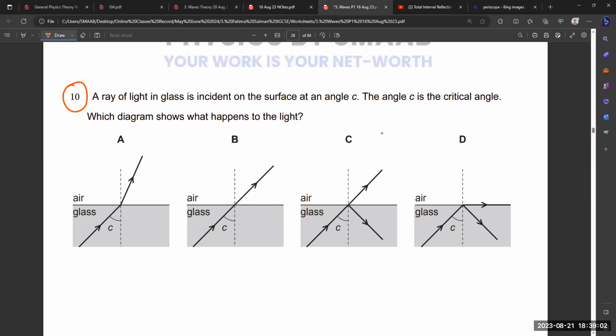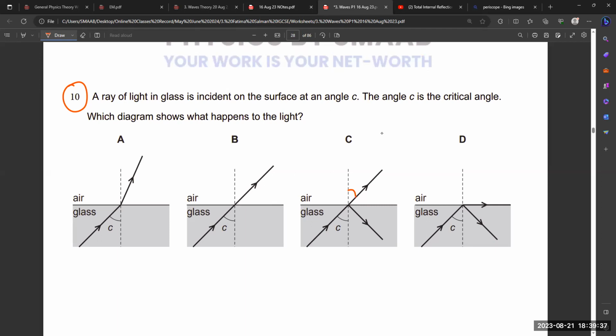So which diagram shows the correct critical angle? Is it A, B, C or D? Basically in option C, you can see that light is slightly reflecting and also refracting, but that is not at 90 degrees.